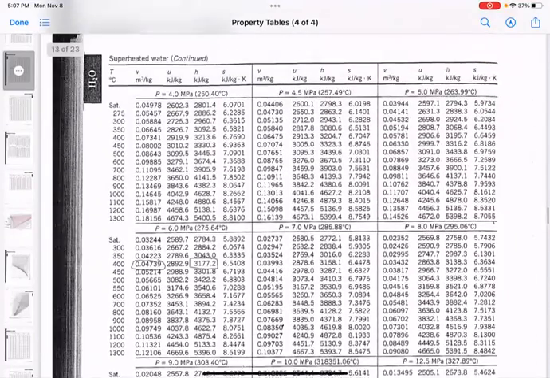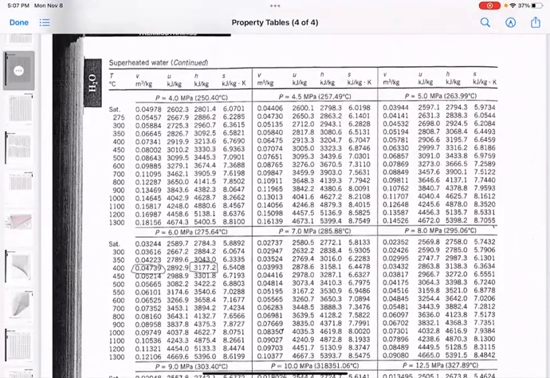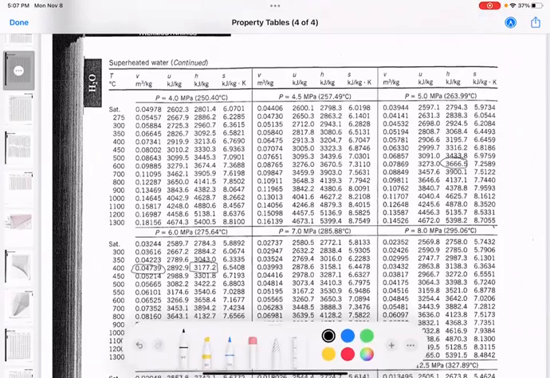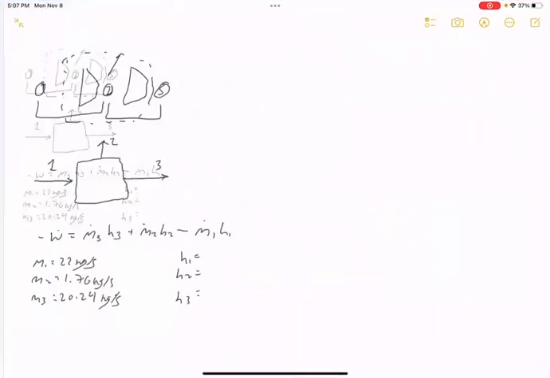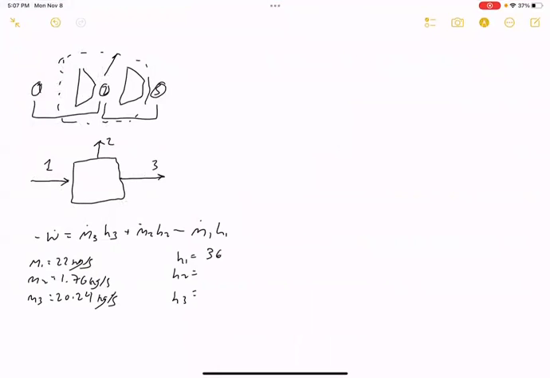There we go, 5 megapascals and 600. Following this line here, h1 is 3666.5 kilojoules per kilogram.